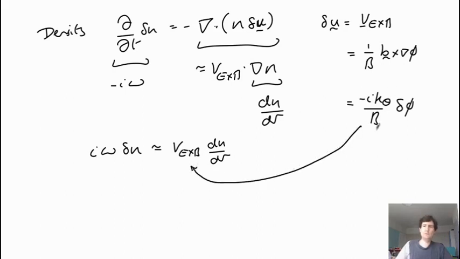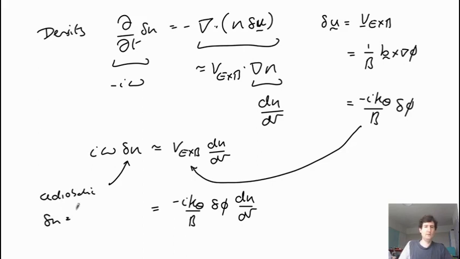So this is the radial component of the E cross B drift, and this is the expression for V times the radial gradient of n, and then the delta n we can relate to the delta phi by using the adiabatic response.